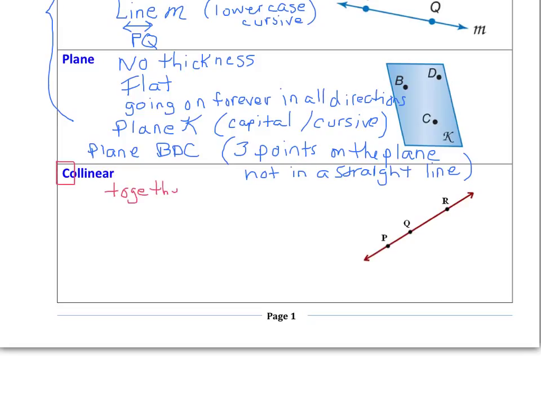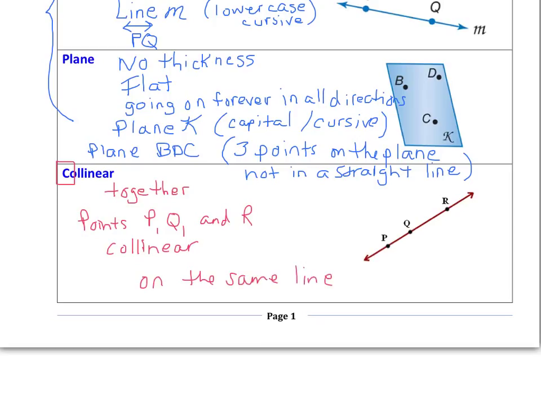And so collinear are points that are together on the same line. So in this case, in our example here, points P, Q, and R are collinear because they are on the same line together. Alright, very good.